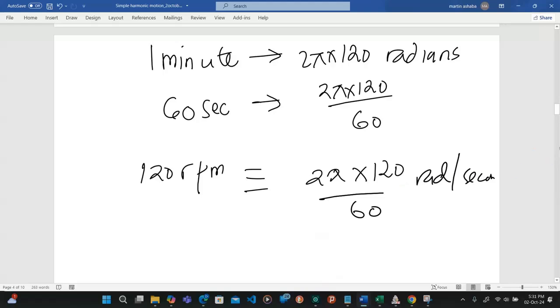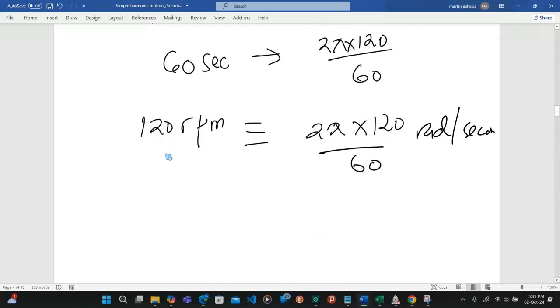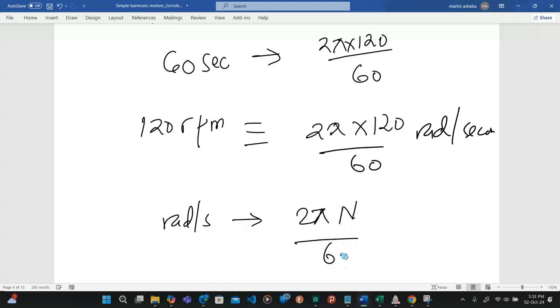So from today and onwards, when given the speed in revolutions per minute, the radians per second that we always want will always be 2 pi n divided by 60, whereby n is the speed in RPM, meaning revolutions per minute.